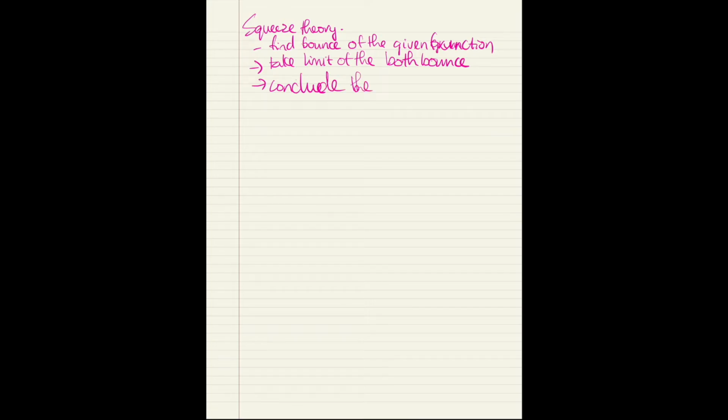So how can you do the squeeze theorem? Actually, the squeeze theorem is where they ask you to find the bounds of some function, find the bounds of the given function, and then take the limit of both bounds, and then conclude the one in between.